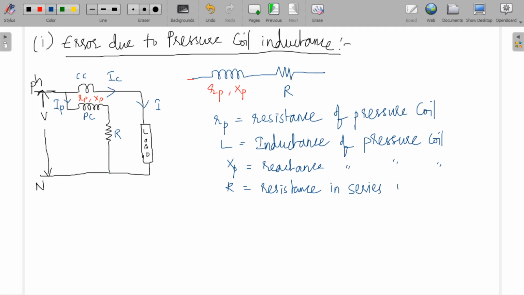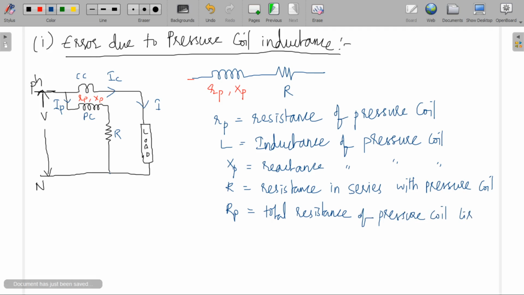Next, the total resistance of pressure coil circuit is equal to Rp plus R.